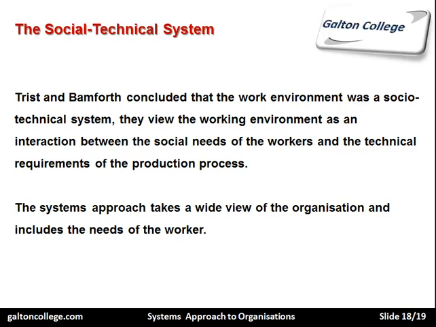So in this particular one, we just wanted to talk about the technical system and the importance of the technical system as it evolves and how it makes an impact on the working condition, but also bearing in mind that people are people and they have particular requirements for social interaction, for contact and so on.